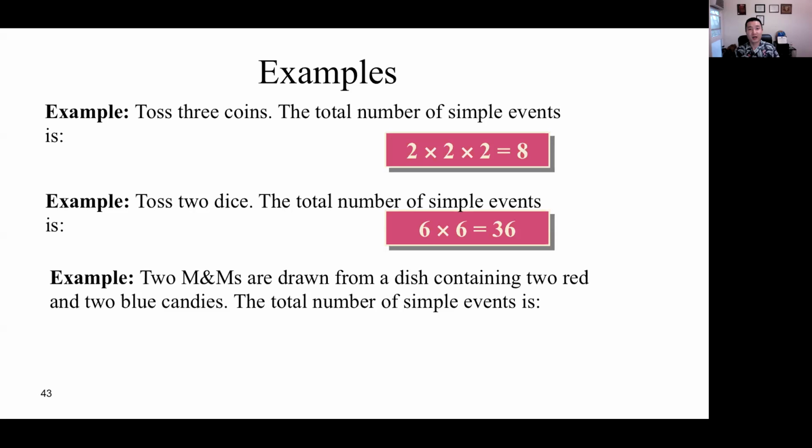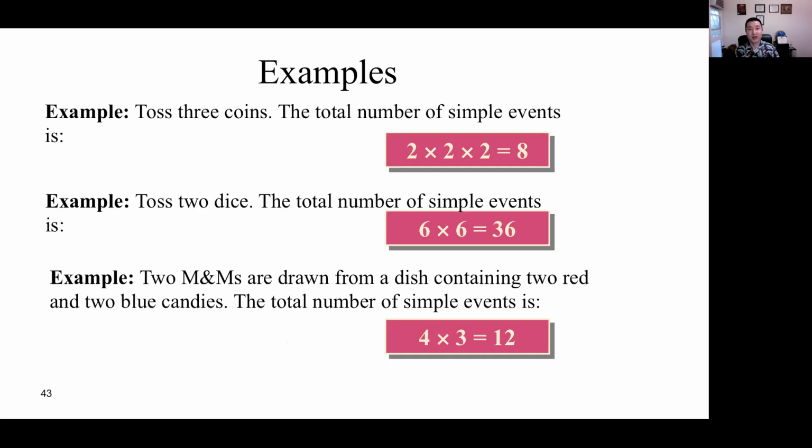Here's another example. We have 2 M&Ms drawn from a dish containing 2 red and 2 blue candies. Then the total number of simple events will be 4 times 3. So why is it 4 times 3? We have 4 candies in that dish. Step 1, we pick 1 from these 4, so we have 4 possible outcomes.